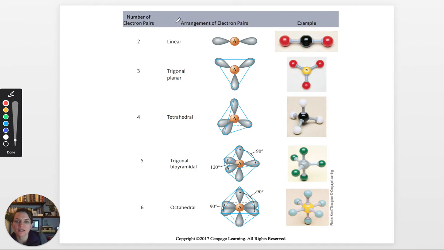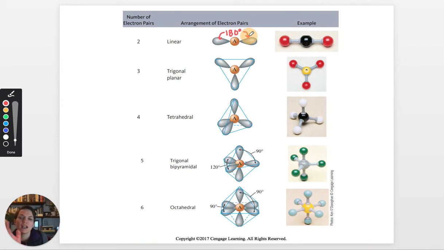So this is our geometry. And you guys need to know all of these terms as well as our angles here. So linear would be 180 degrees bond angle.